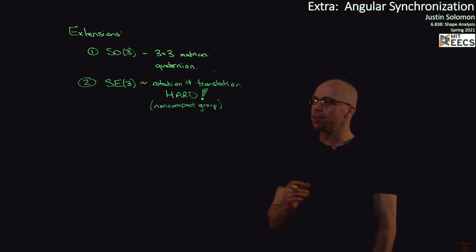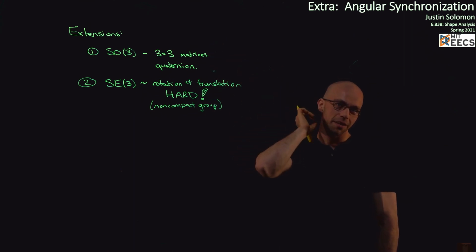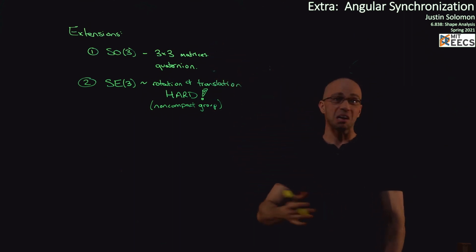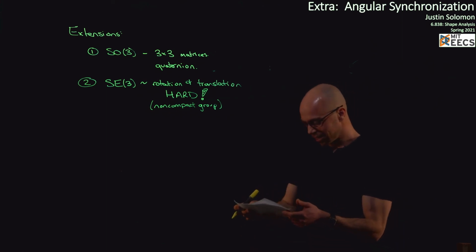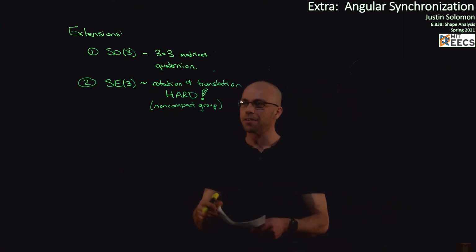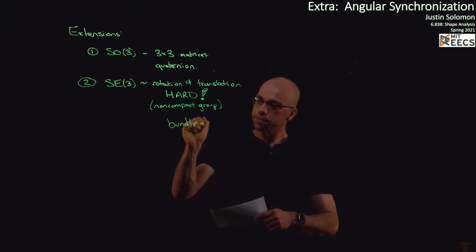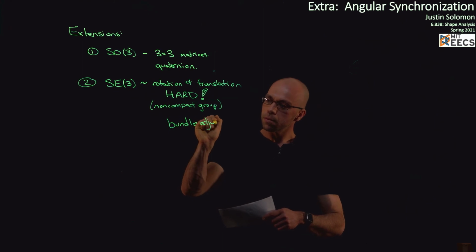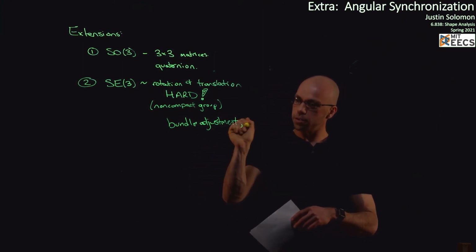So there have been various attempts to take the strategies that we've covered here and make them work. Maybe you just write it as a non-convex problem, try and solve it, and it works well in practice. In fact, I think that's the typical strategy. So in computer vision, you might call this bundle adjustment, or a different word for it is structure from motion.